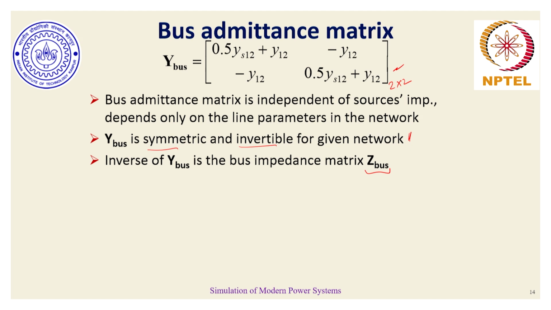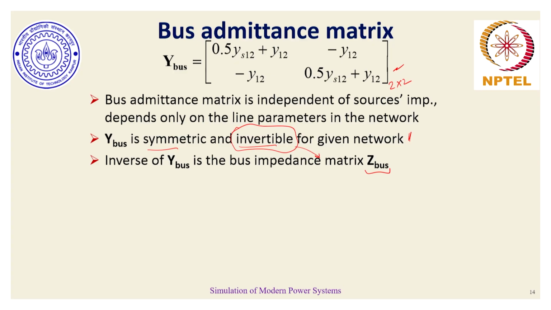The reason is that 40, 50, 60 years ago, the computational capability was very limited, and hence finding the inverse of the admittance matrix to find the impedance matrix was an infeasible way, and the network size was still substantial. You can imagine for a 1000-bus network, the Y bus would be a 1000 cross 1000 matrix.